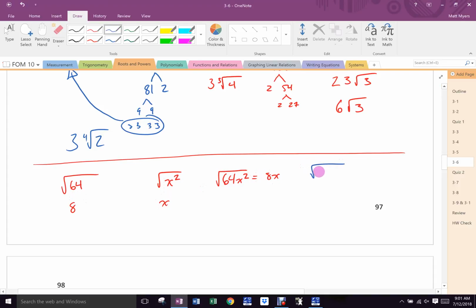Root of x cubed. See, this is what I'm talking about, right? This is math. Every one of you should be able to tell me that answer without even thinking. x root x.